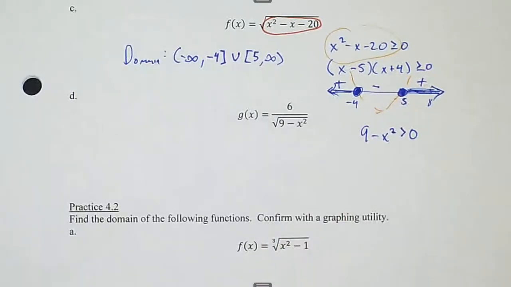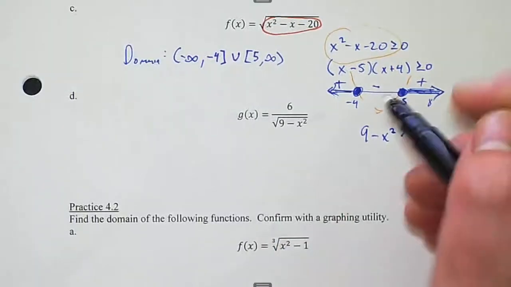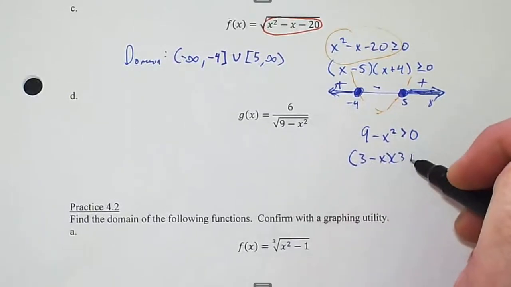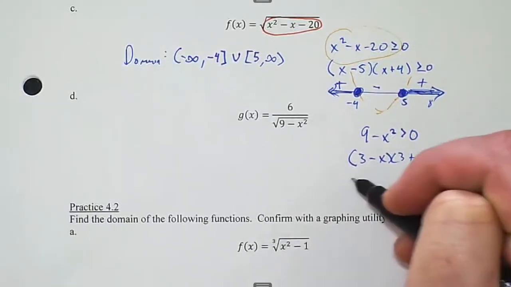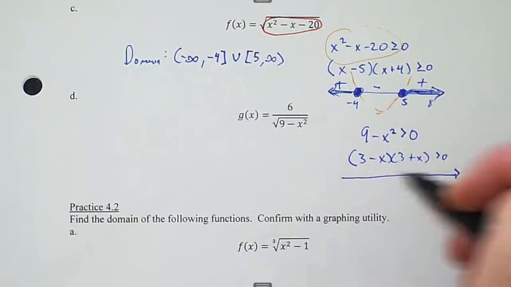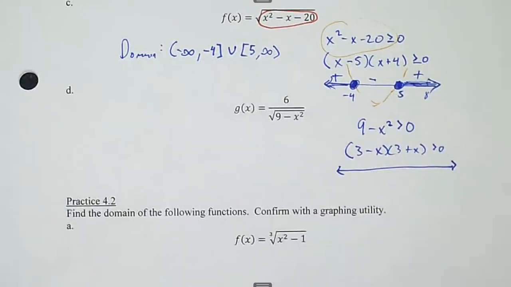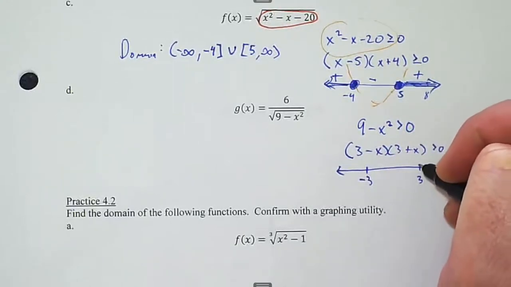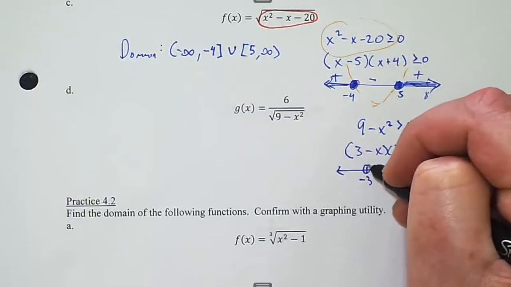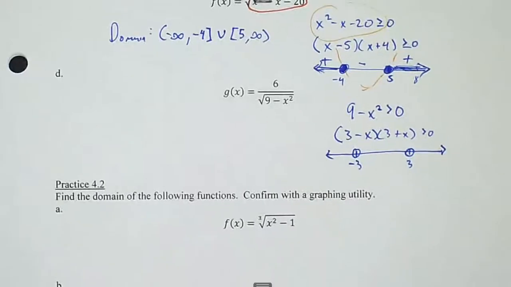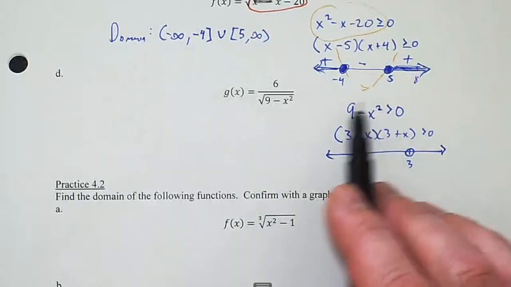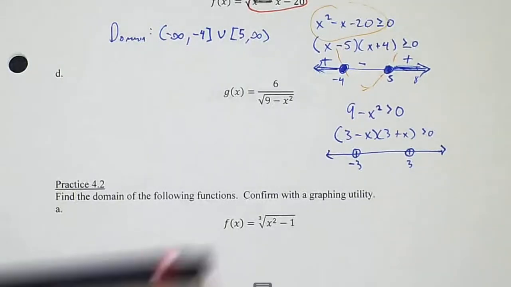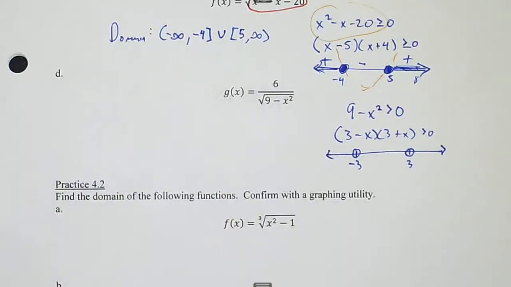So I will go from there and we'll factor this as well. It's a difference of 2 squares. Got zeros at negative 3 and positive 3. And again, we could use our knowledge of the parabola shape to really help us. Think of this as the x-axis, okay?